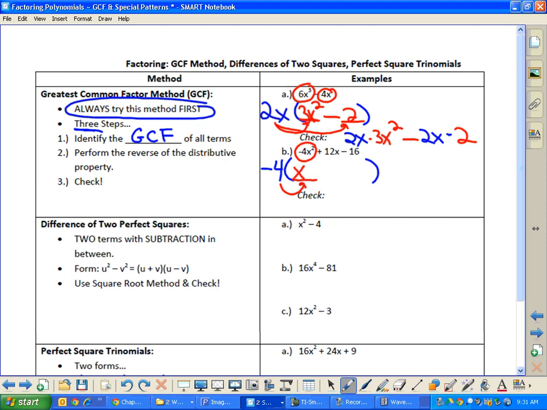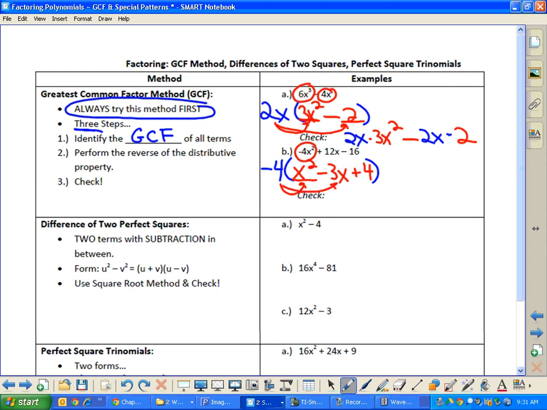Yes. And then careful with your signs at this point, because I'm asking myself negative 4 times what gets me positive 12x, JT. It would be negative 3x, nicely done. Because a negative times a negative gives you a positive. Does everybody see that? Okay, one more. Negative 4 times what gets me negative 16, Joe? Very good.